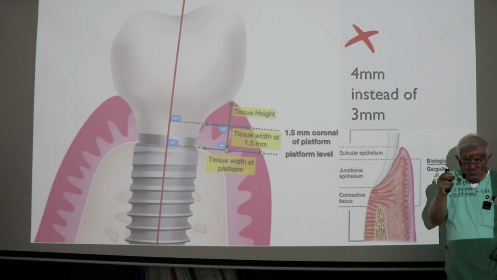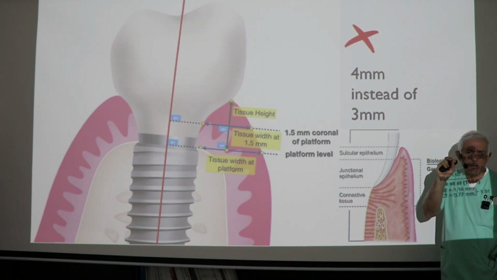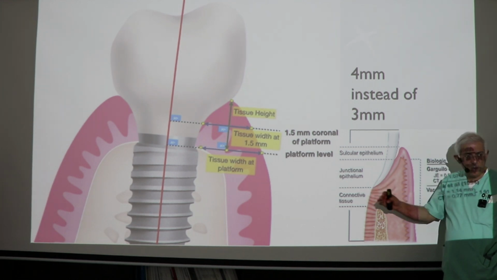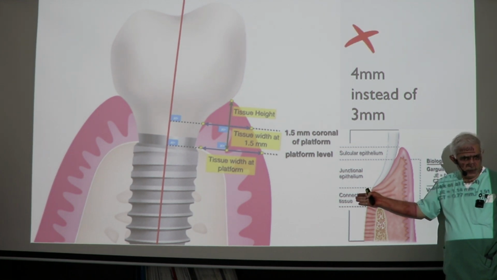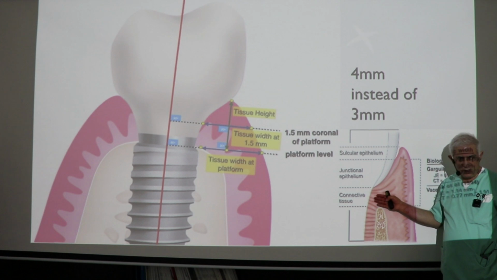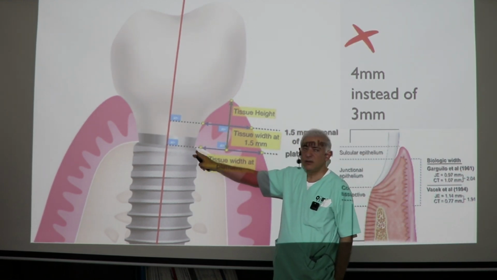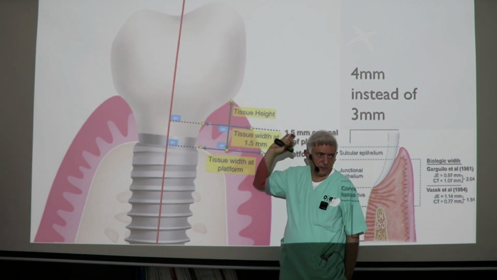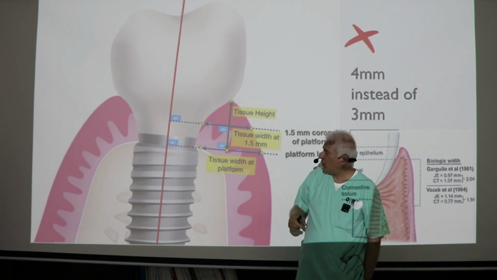So these hemidesmosomal attachments are within a few megapascals, 1, 2, versus this one, which is very strongly attached to the tooth. So you should understand the difference between this and this. And this is very vulnerable to your probing. This was the reason for the photograph. But thank you. All right?